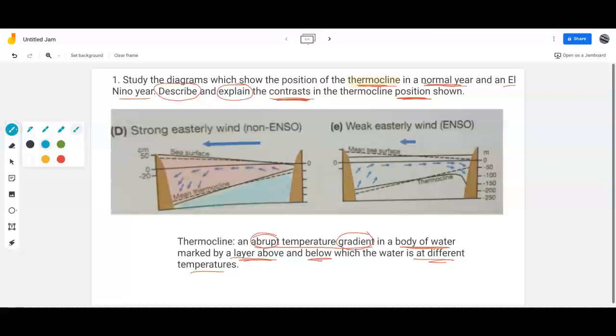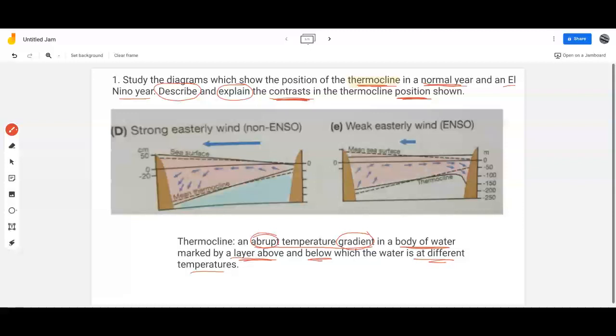Now what happens in an El Nino year is that you get either the weakening of the easterly winds or the reversal, and then you get the water moving from the west to the east. See if you can figure out from those lines what that is showing. So let's mark it on again. There's the thermocline. Mark on the warm water. But notice that the thermocline dips down there at the end.